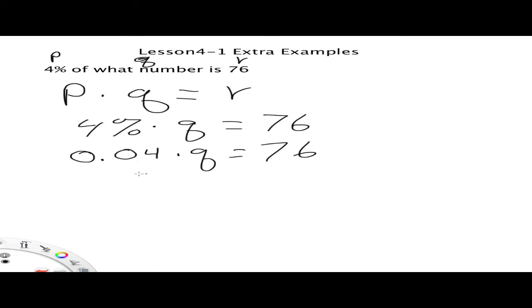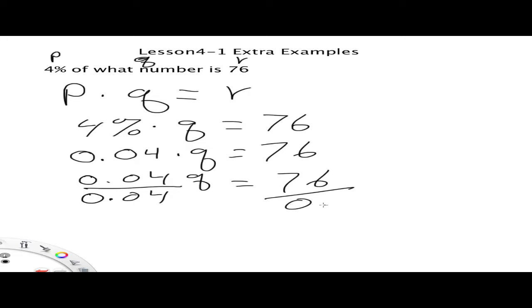I'm going to divide both sides of the equation by 0.04, and so I've got 0.04 Q over 0.04 equals 76 over 0.04, and Q will be equal to, because that's 1 right there, right? 1.